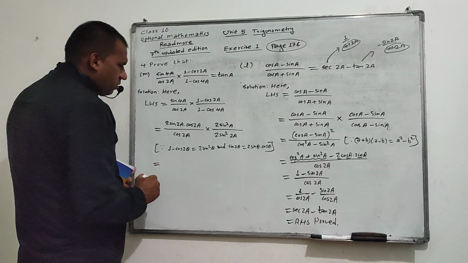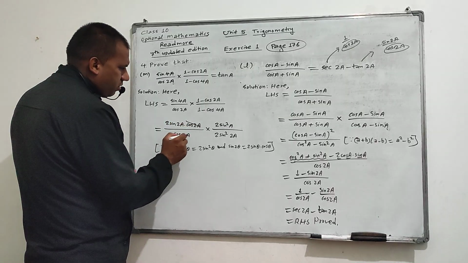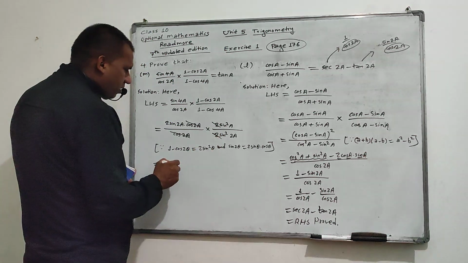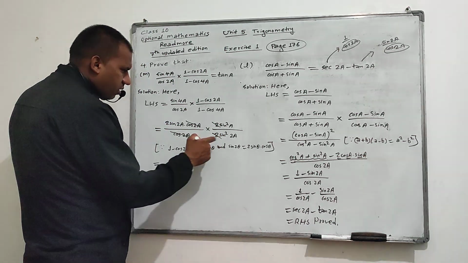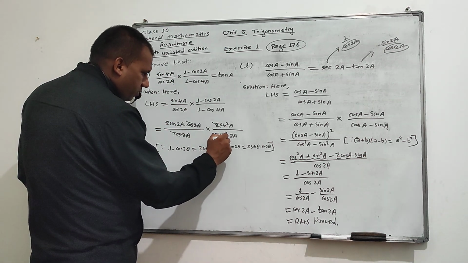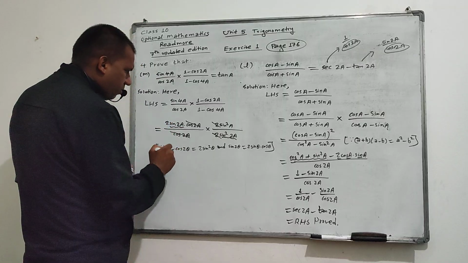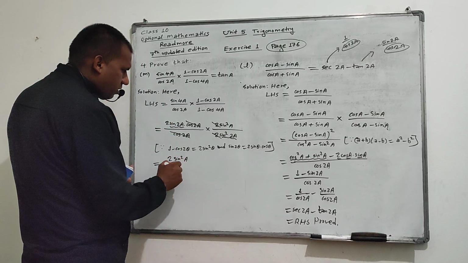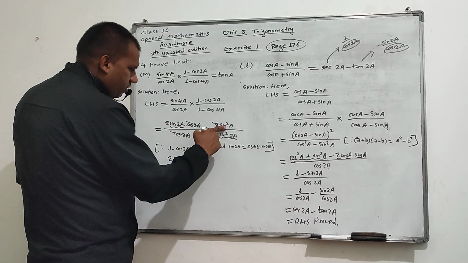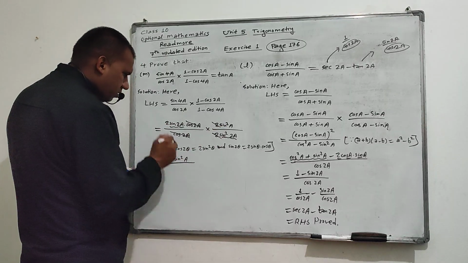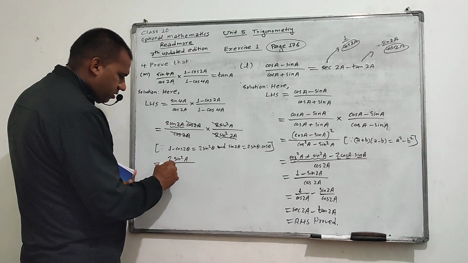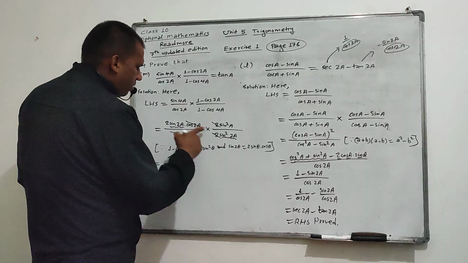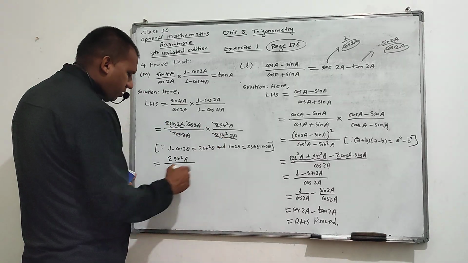Then this equal to, cos 2A cancel out, 2 cancel out, remaining sin 2A upon sin square 2A, and 2 sin square A. Here sin 2A cancels out, remaining sin 2A.